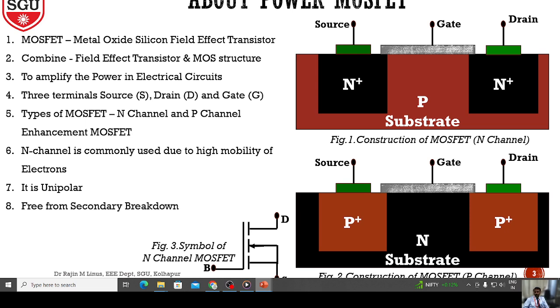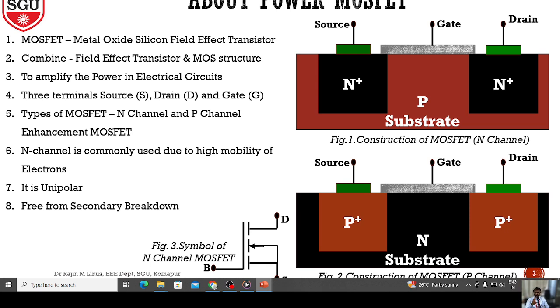Then, it is a unipolar device and it does not have a secondary breakdown, as the bipolar junction transistor does. The bipolar junction transistor is bipolar, the name itself says so. Two poles are there. If you go through the previous videos on the construction and working of the bipolar junction transistor, you will know there is movement of electrons as well as holes.